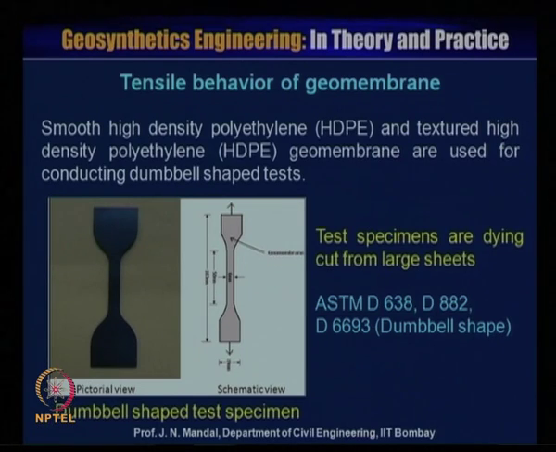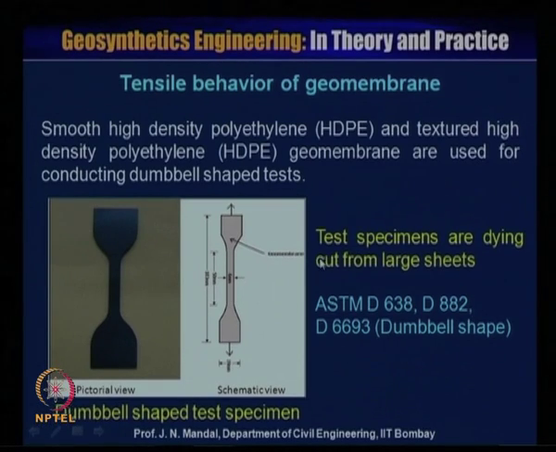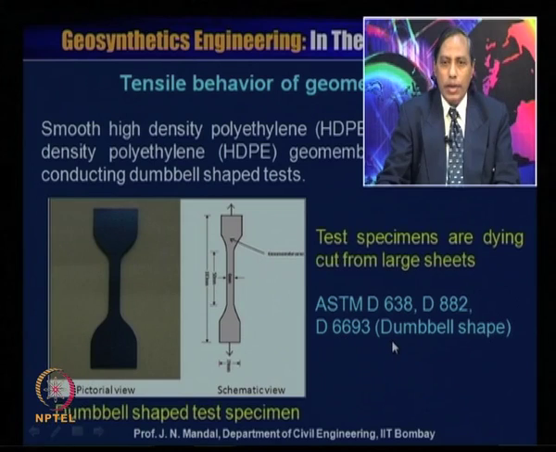So it is a dumbbell shape test. You can see here, this is the pictorial view and this is the schematic view. You can perform the test as per ASTM D638 or D882 or D6693. You can see it is a dumbbell shape, and test specimens are cut from a large sheet.